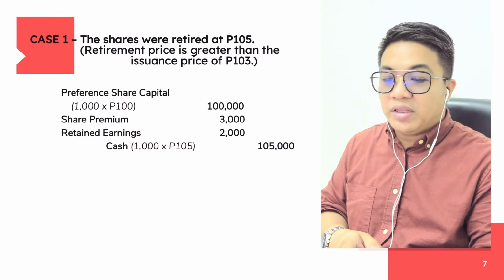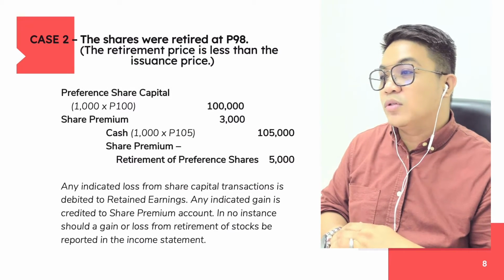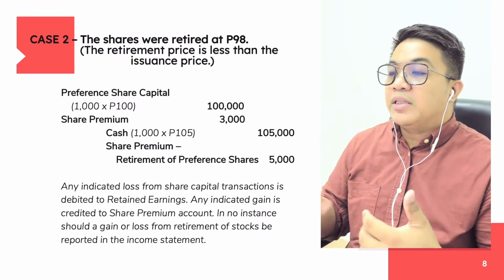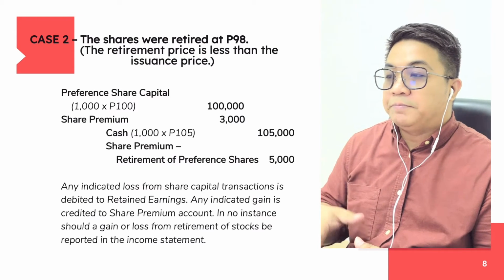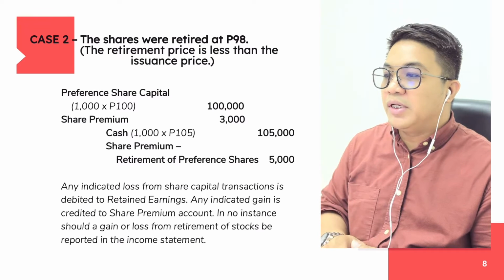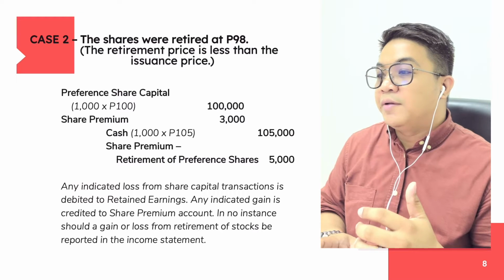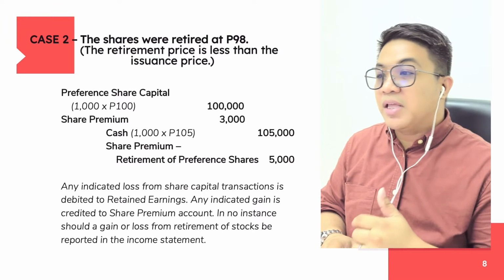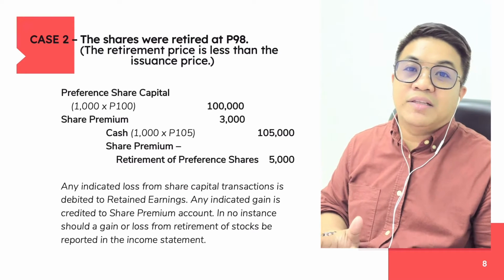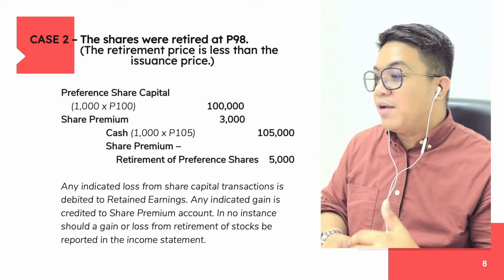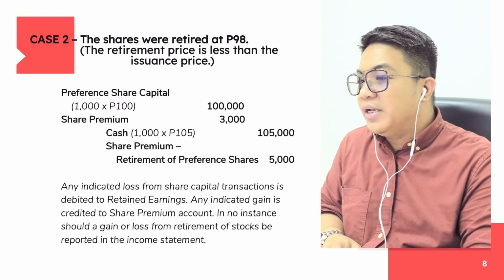Okay, case number 2, what if it is below par? Our par value, once again, is 100 pesos, and the share is retired at 98 pesos. What would be our entry? The difference here from case number 1 is that earlier we debited retained earnings for the difference. From the 100 par value to 98 pesos, there is a difference of 2 pesos. Let's see.